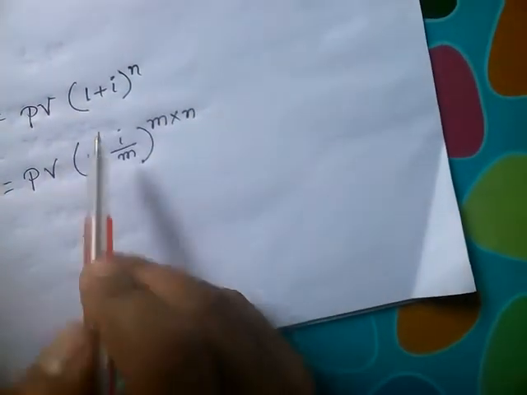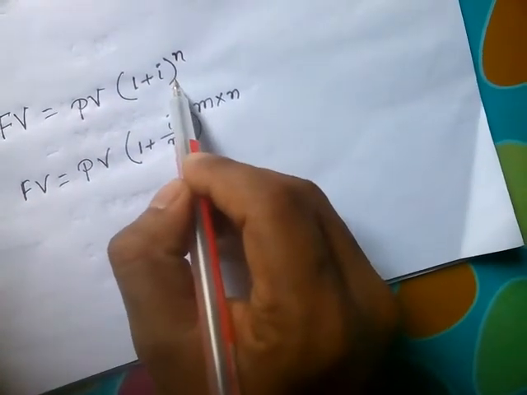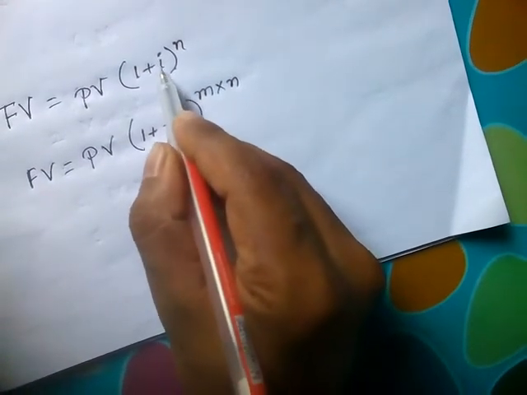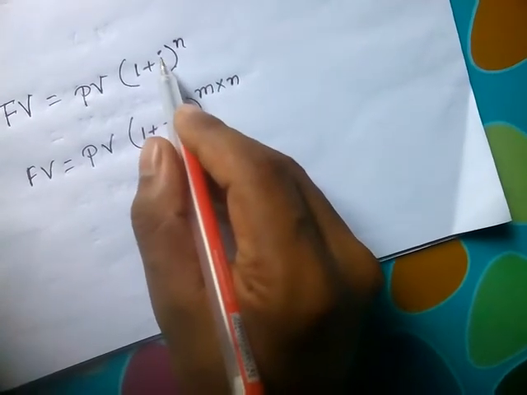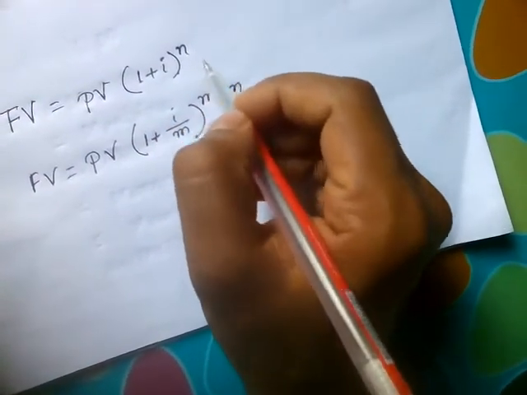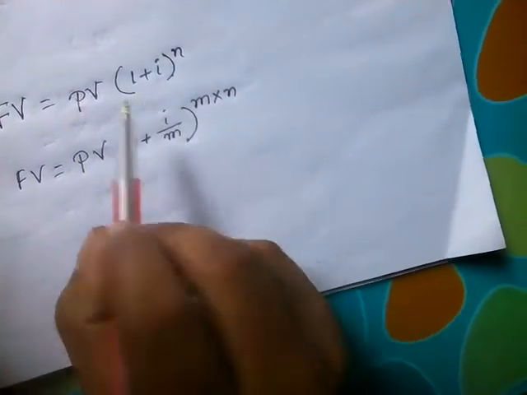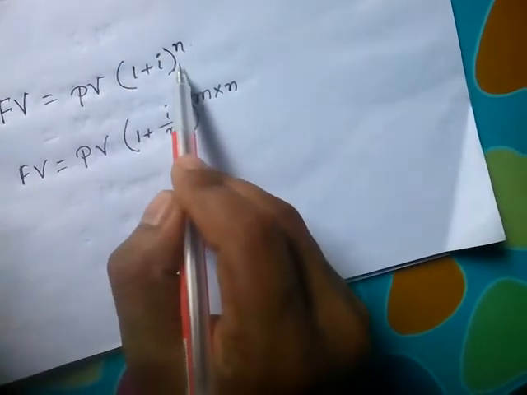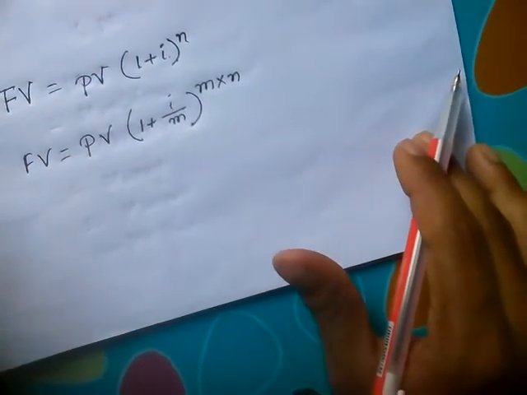Okay, if we compare these two formulas, I have written the first formula for yearly compounding, because if you write 1 under this I, or if you multiply N with 1, then the value will not change. That's why I have directly written this formula. If it is yearly compounding, then if you apply this formula, you will easily get the amount.